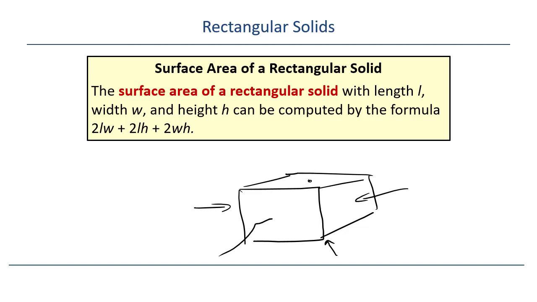And then we also know this front surface and the hidden one in the back are the same. So you really just need to add up this top, this front, and this side, and then multiply by 2 to double for the rest of them. And that's why they give you 2 of this, 2 of that, 2 of that, because each of these is one of those surfaces. Add them up and multiply by 2, or multiply each one by 2 and add them up. It's the same thing mathematically speaking.